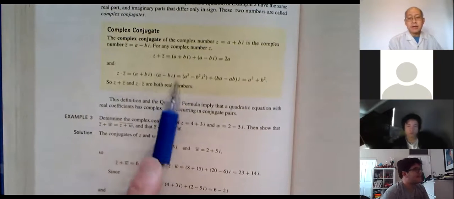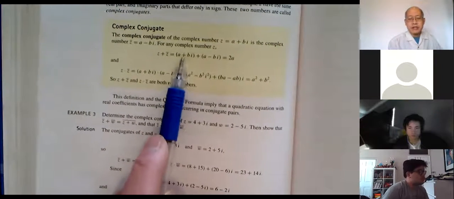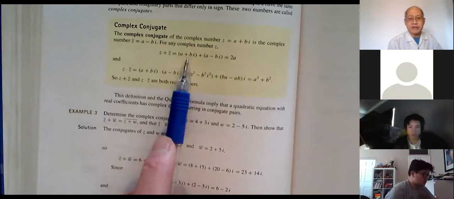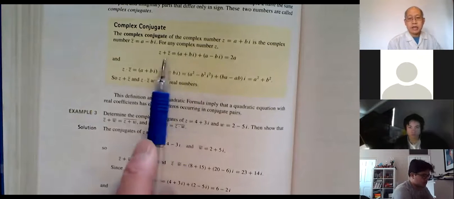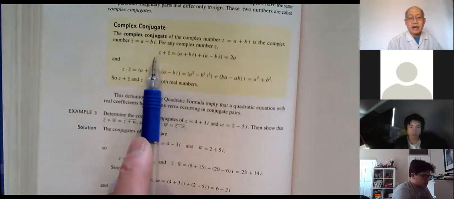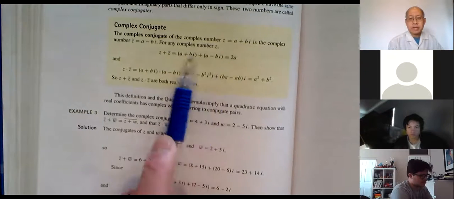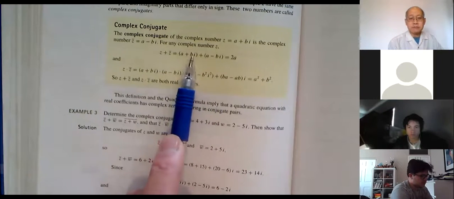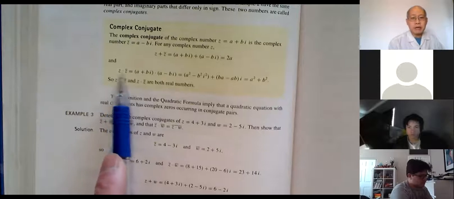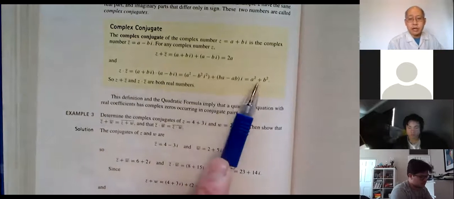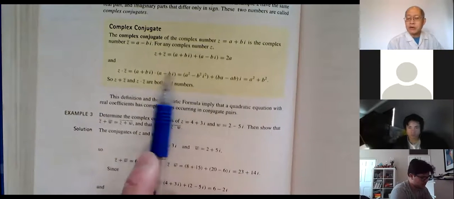Okay, there are some interesting properties here, and you might say, do I have to memorize it? No, and I don't even think it's worth writing down on your cheat sheet. But it turns out if you add a number and its complex conjugate, you get a real number. The imaginaries cancel out. If you multiply a number and its conjugate, it turns out you also get a real number. Again, I don't think it's worth memorizing.